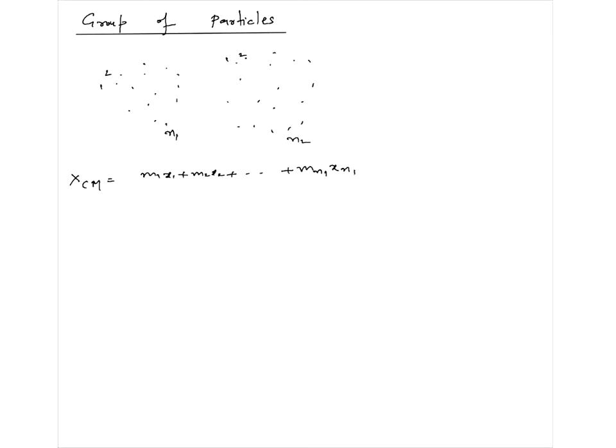Or maybe dash and without dash. Divided by m1 plus m2 plus m3 up to mn. That's not complete. After this, we have to start from here.